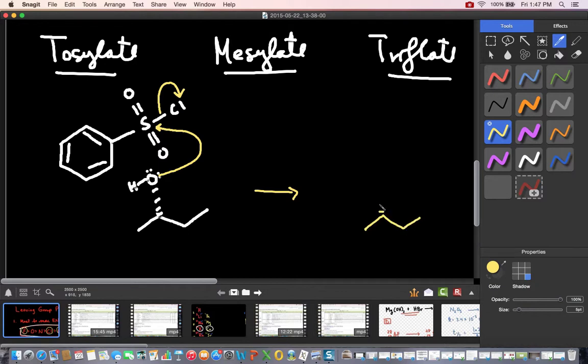your leaving group is much more stable because of the significant resonance stabilization that you have. So this readily leaves.